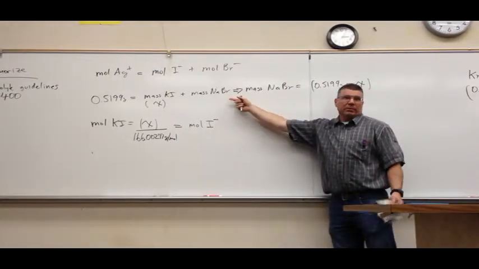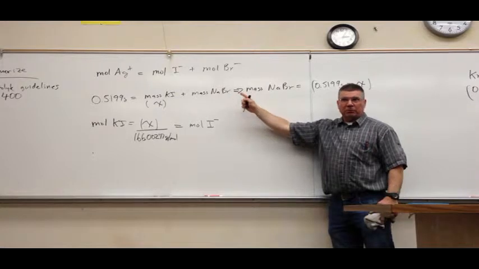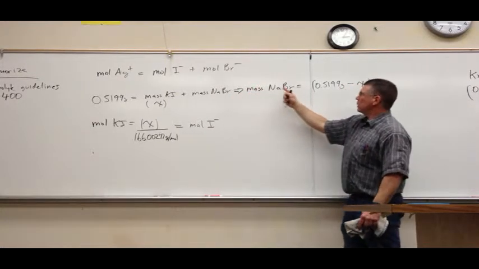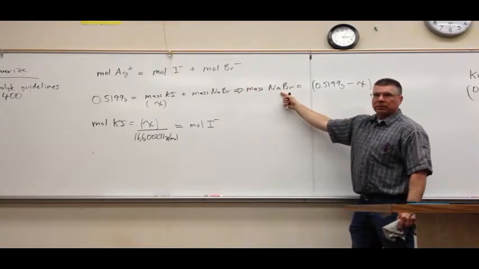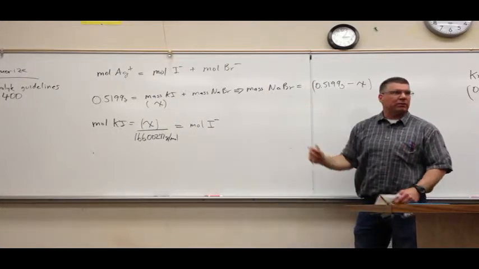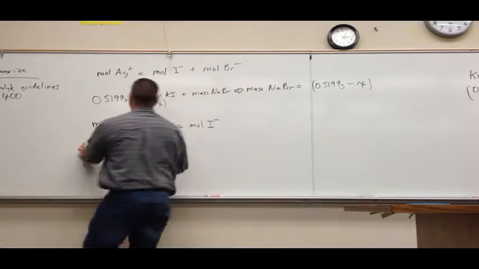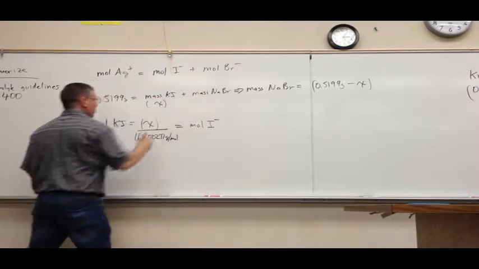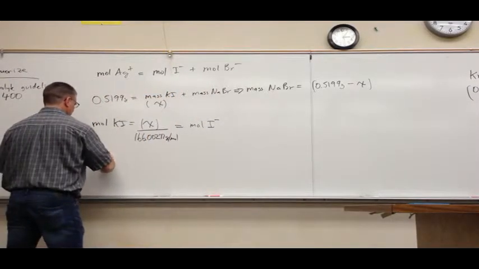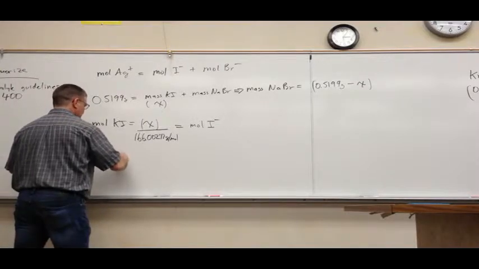So I'm taking this equation up here, and I'm just rearranging it so that I get the mass of sodium bromide in terms of X. You guys see what I did there? The reason I want to do that is because I want to come down here and get moles of bromide, same as moles of sodium bromide.